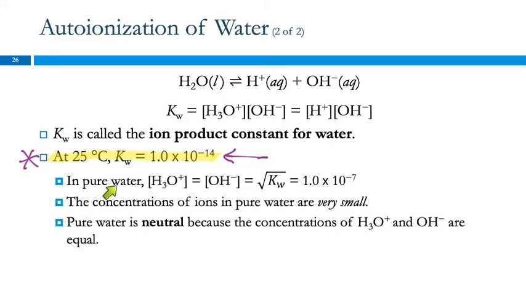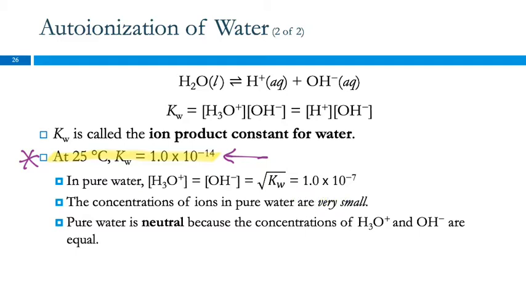So in pure water, if you start with all H2O, and then this happens a little bit, the hydrogen ion concentration and the hydroxide ion concentration have to be equal, right? Because they were originally together and they separated. So the hydronium ion concentration and hydroxide ion concentration are equal, and you can solve this and find out that that's the square root of Kw, which is 1 times 10 to the minus 7.